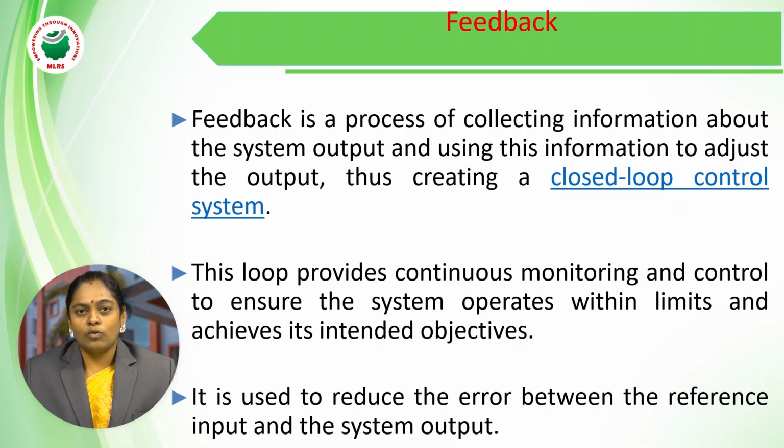Giving some part of the output towards the input is called feedback. Depending on the output we get, we have the capability to adjust or monitor it to get the desired value. That is the reason it is an example of a closed loop control system.